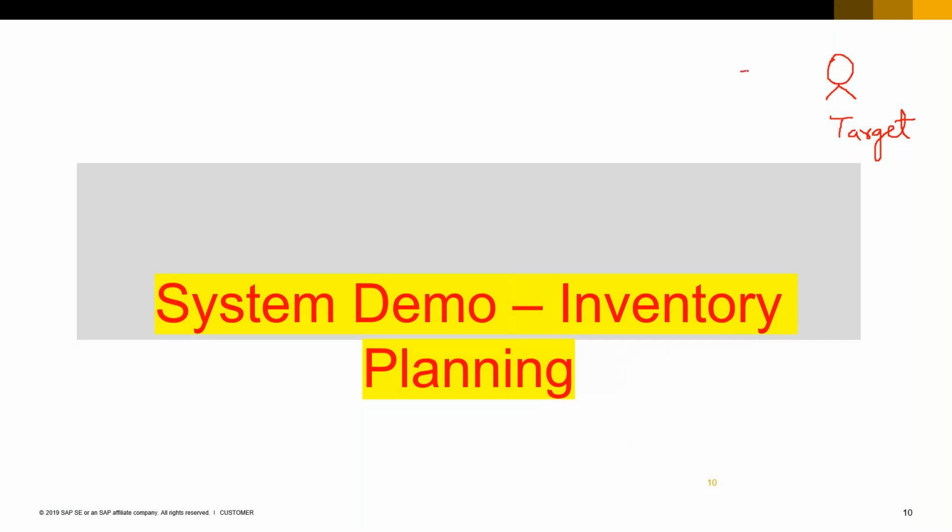Now this customer can be sourced from, let's say, a distribution center, and then this distribution center can get the goods from, let's say, two manufacturing plants.